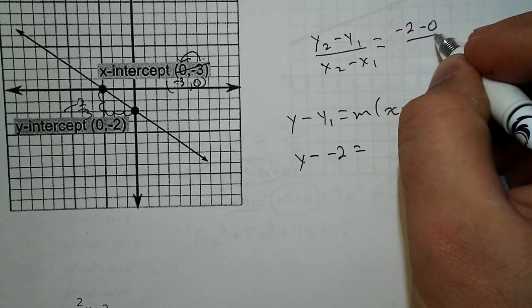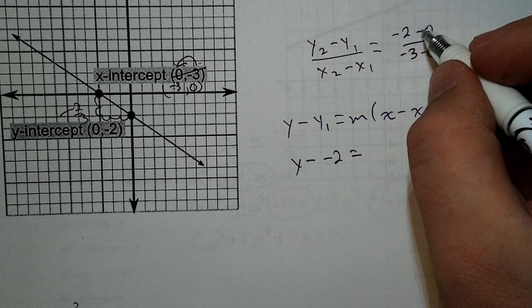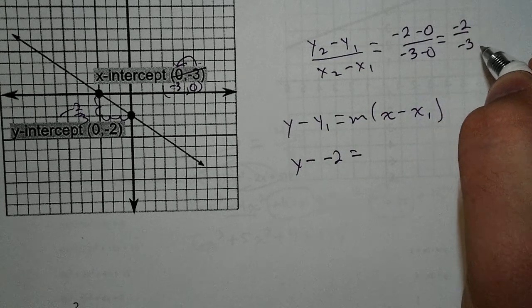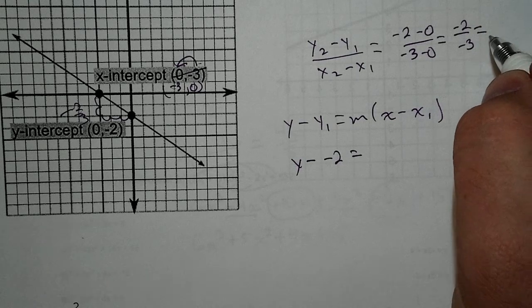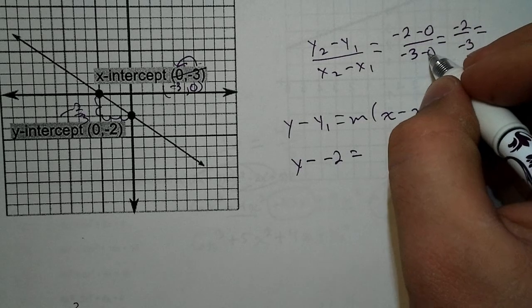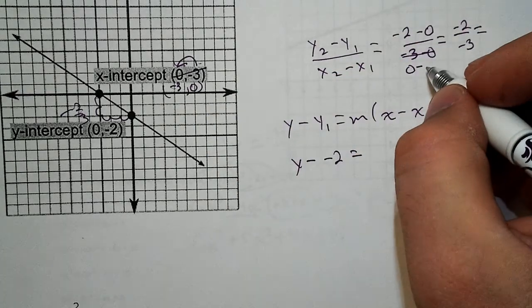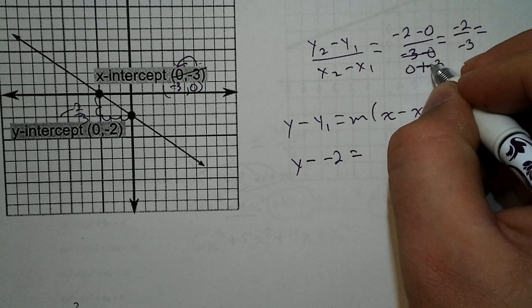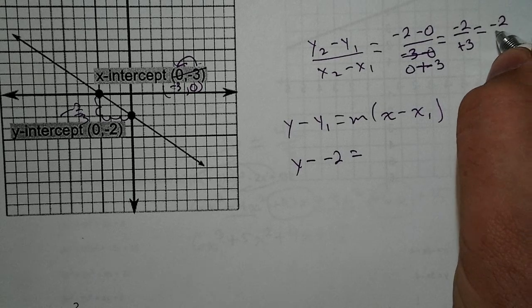Minus 0 over -3 minus 0. -2 minus nothing is -2. -3 minus nothing is -3. And then -2 divided by -3. Whoops, I wrote this one backwards. Because I wrote it just like those points had said. I apologize. So that would be a positive 3, negative divided by positive is negative. So it's still negative 2/3.